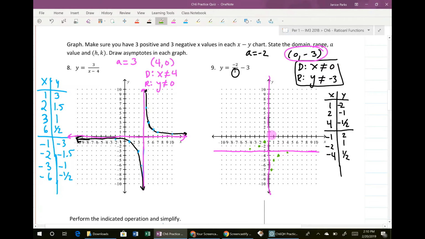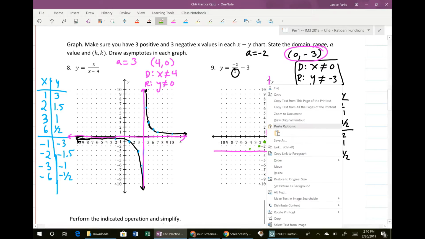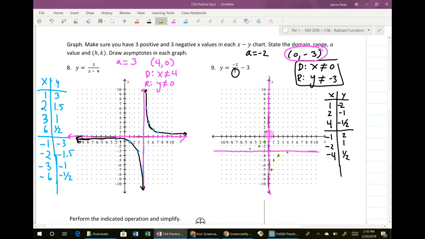It doesn't want to stay at that point for some reason. All right, and then go ahead and draw that. Now in this case, it's really close to the asymptote because the number is really small, and it just keeps getting closer and closer as it goes along. Just make sure you don't cross that line.